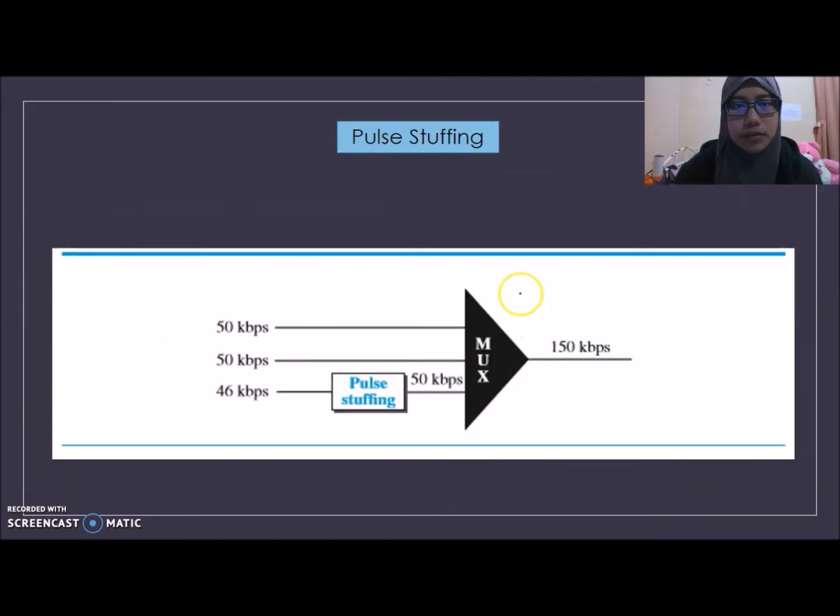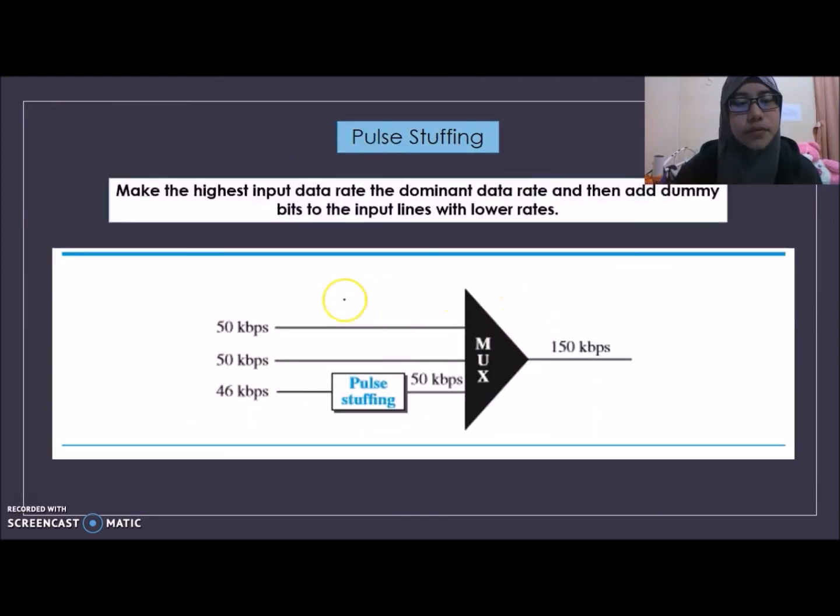And pulse stuffing. Pulse stuffing is making the highest input data rate the dominant data rate and then adding dummy bits to the input lines with lower rates. For example, these two data input lines are 50 kilobits per second, and this one is about 46 kilobits per second.